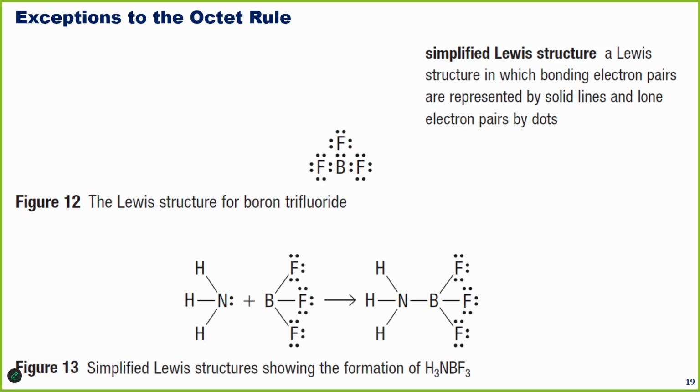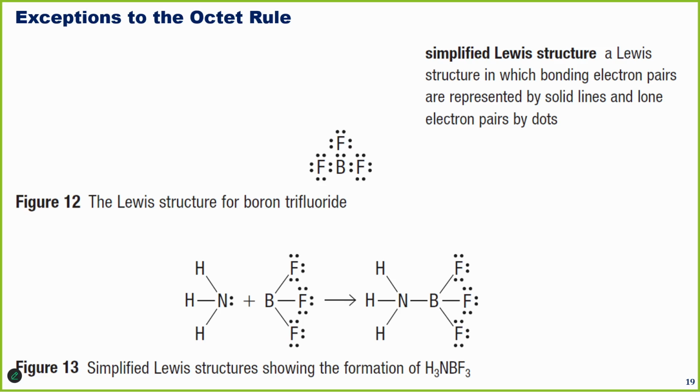However, there are exceptions to the octet rule. The first exception applies to molecules with central items that are surrounded by fewer than 8 electrons. These central items are said to have underfilled octets.